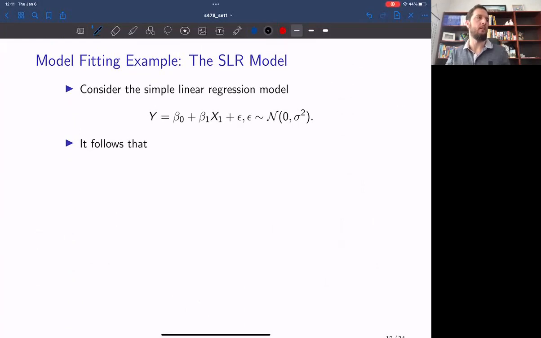But again, this is something that's going to be done traditionally in R. But in the course, as I had mentioned before, we will look at maximum likelihood estimation for the different models that we're going to discuss so that we have an understanding of what it is that R is actually doing. But really, it's the model fitting step where our work as statisticians comes into play. So it's the evaluation of the model and understanding what it means for the model to be fitting well that we're most interested in.